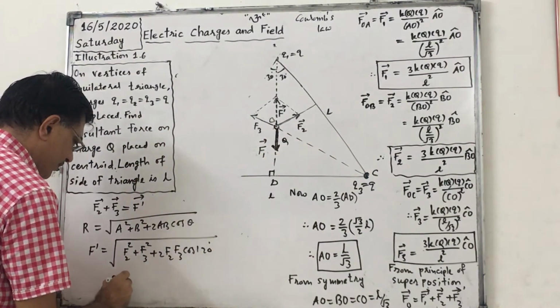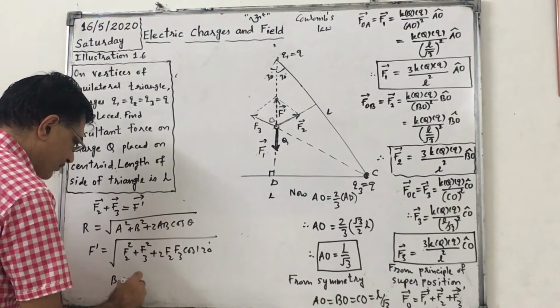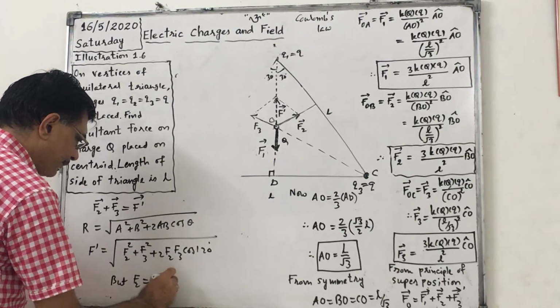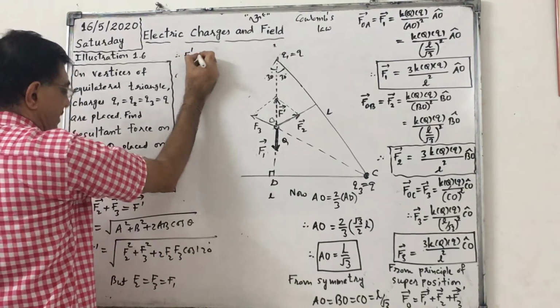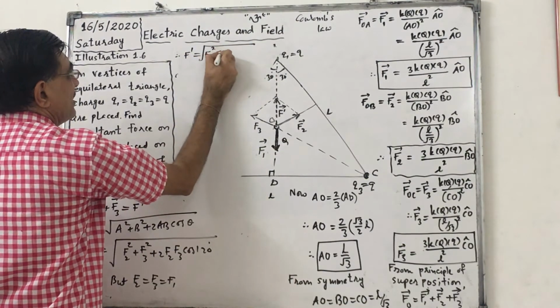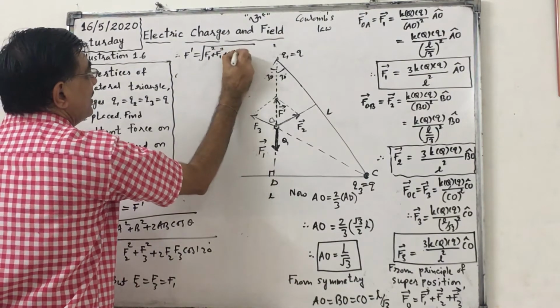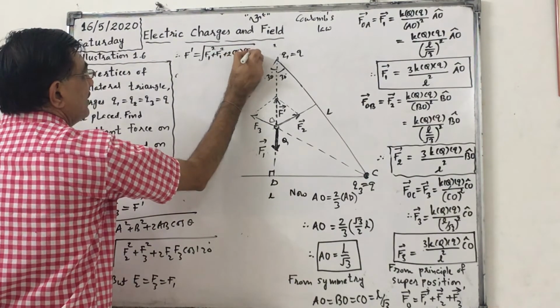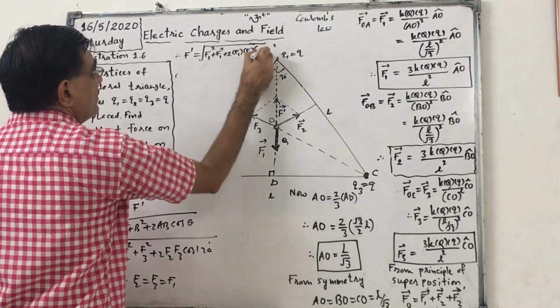But we know that F2 equals F3 equals F1. The magnitudes are the same, so I am replacing everywhere. Therefore F dash equals the square root of F1 square plus F1 square plus 2 F1 F1 into cos 120, which is minus 1 by 2.